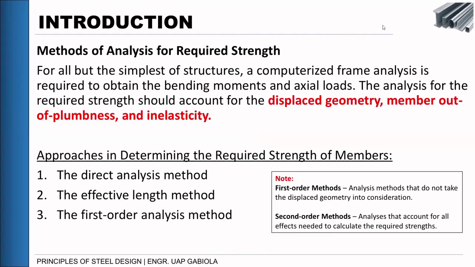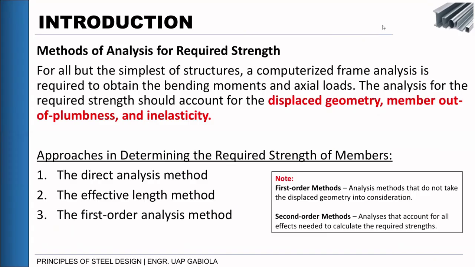So that is sometimes considered in the design, and of course yung inelasticity natin. So we have three approaches to determine yung required strength considering these effects in our member. We have the direct analysis method, the effective length method, and the first order analysis.